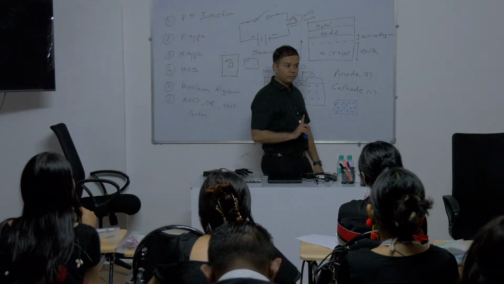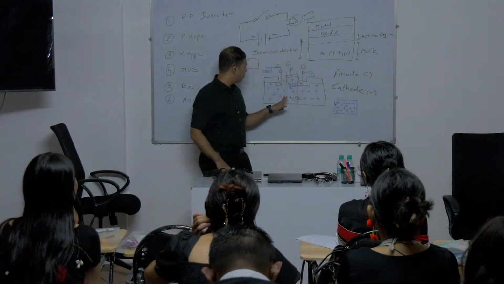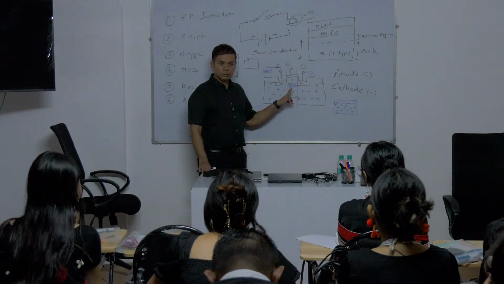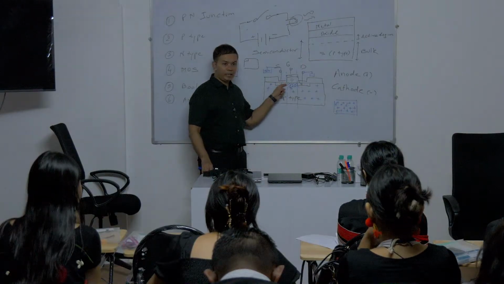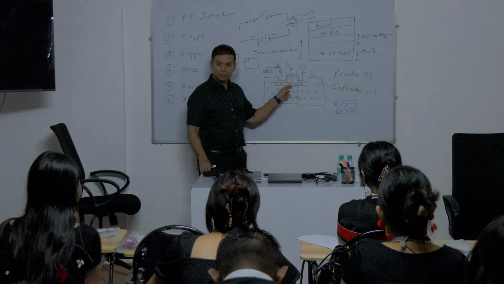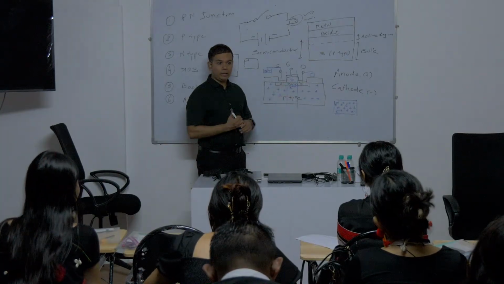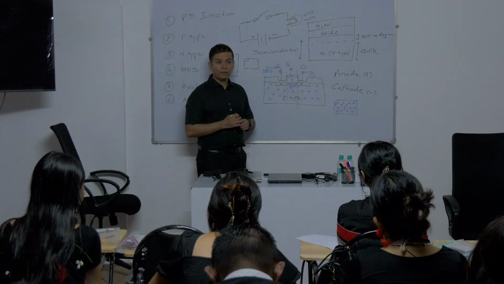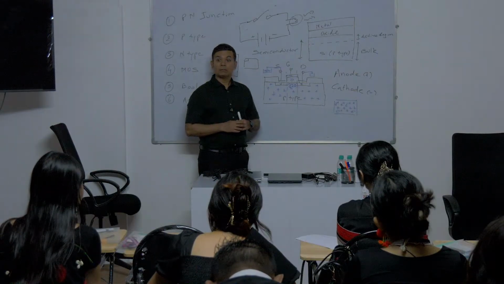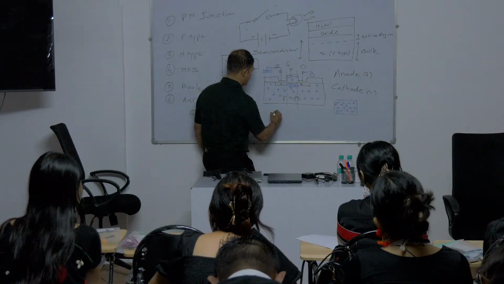Clear? So which kind of MOSFET is this? What kind of channel are we creating over here? N type or P type? The channel is N channel, right? So the name is NMOS or PMOS? NMOS, right? We discussed this yesterday.